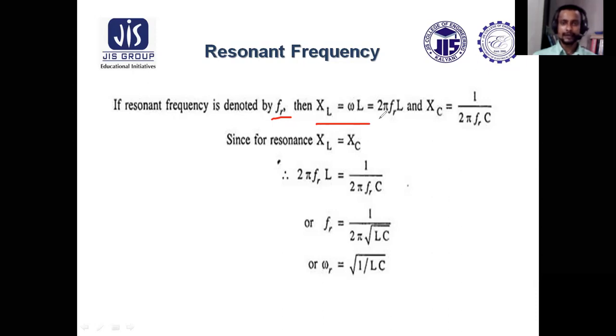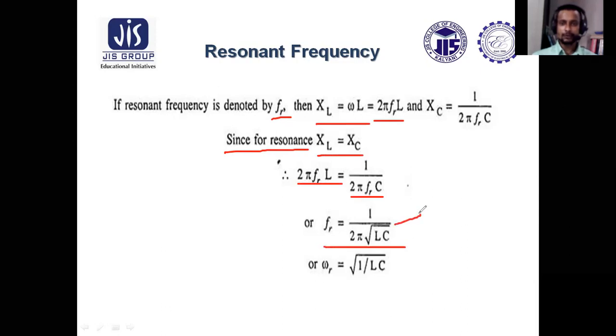So at resonance, XL will be equal to 2 pi FR into L. Similarly, XC will be equal to 1 by omega C, that is 1 by 2 pi FR into C. Since at resonance XL and XC should be equal, 2 pi FR L must be equal to 1 by 2 pi FR C.